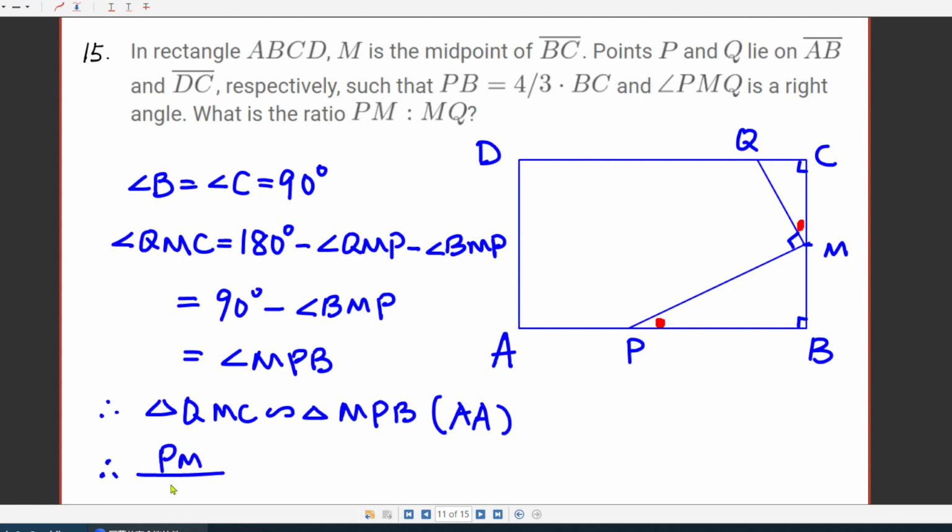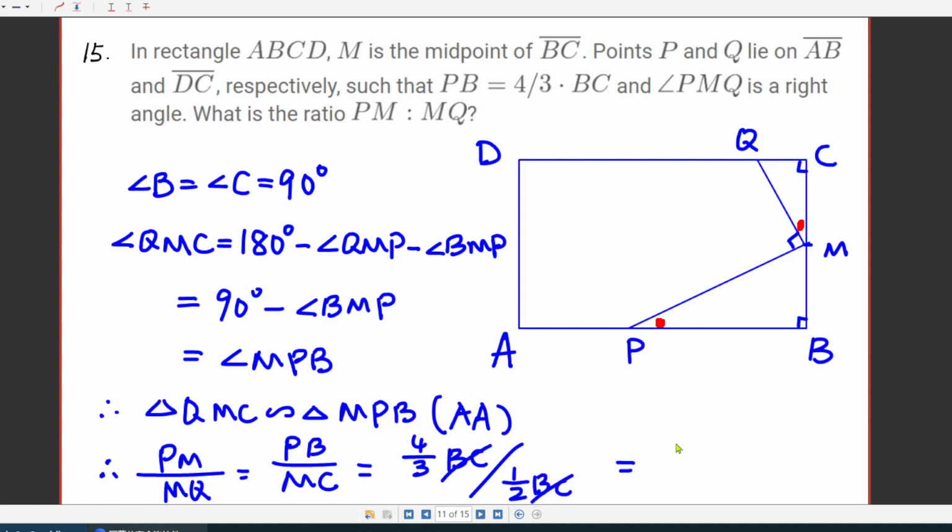So PM over MQ is PB over MC, right? Which is 4/3 of BC over MC, which is 1/2 of BC, right? Then we can cancel BC here, and that gives us 8/3, right?